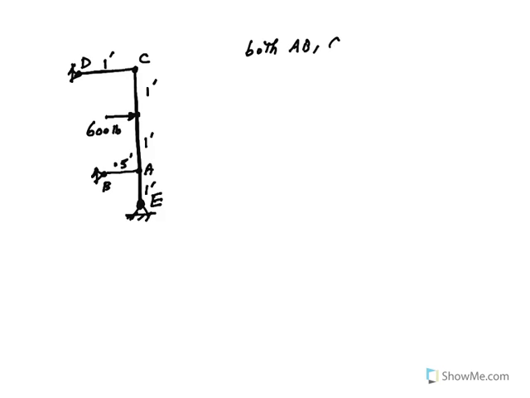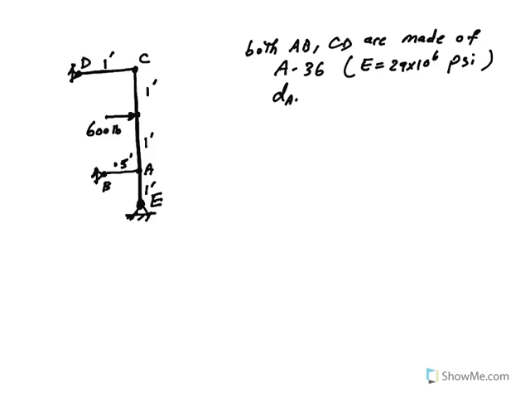Let's say both AB and CD are made of the same material, A36, for which the modulus of elasticity is 29 million psi. And they have the same diameter, so the same cross-sectional area; let's say the diameter is 0.25 inch. The bar is initially vertical, and then when we apply the load, we want to find, now this problem is going to have two parts.